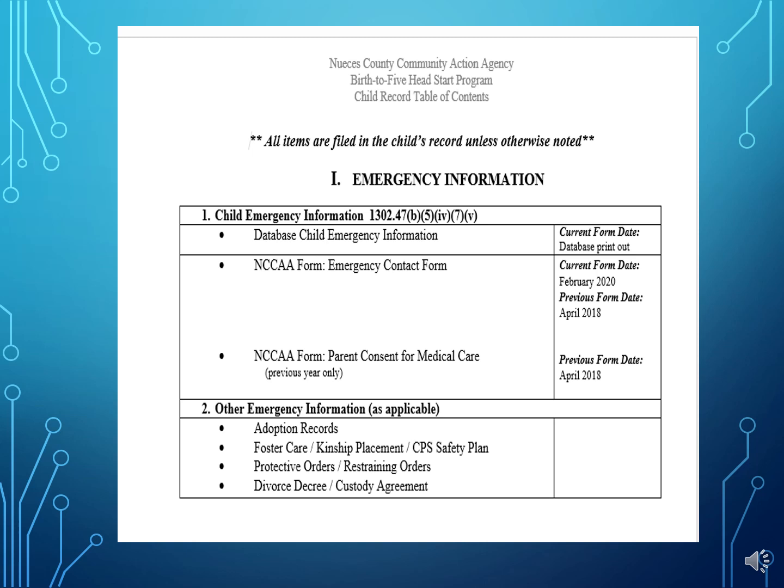You would only see the previous school years in the child's record for any child that's returned, because this form is now embedded into the consent for participation. And then we have other emergency information forms or documents that you will see under this section as well in the table of contents.